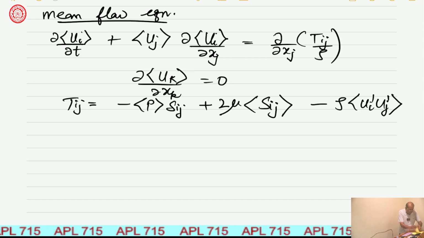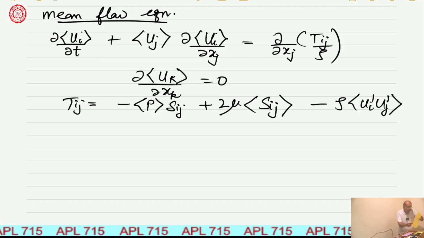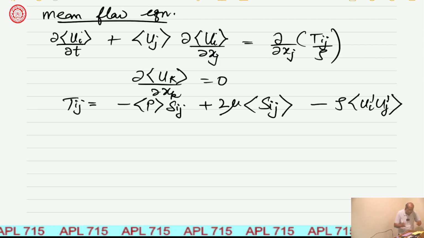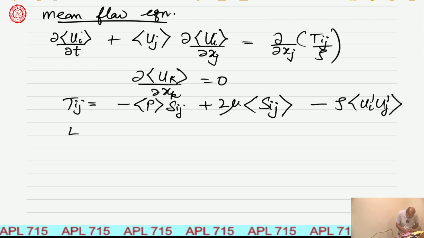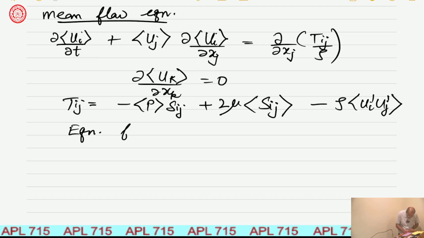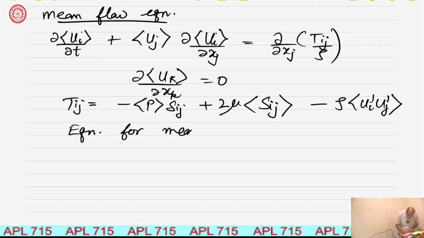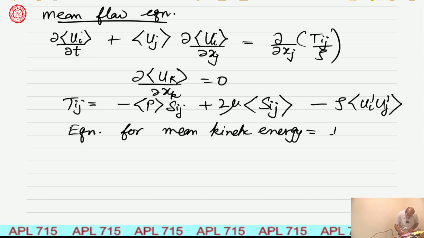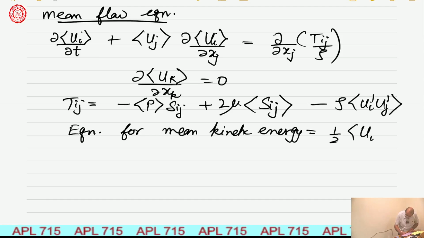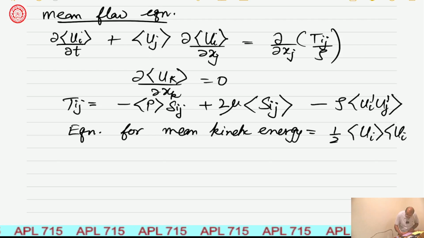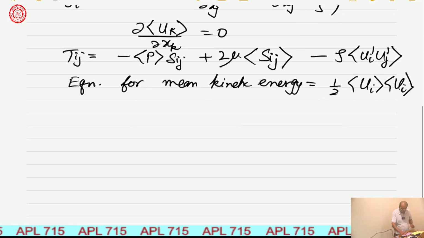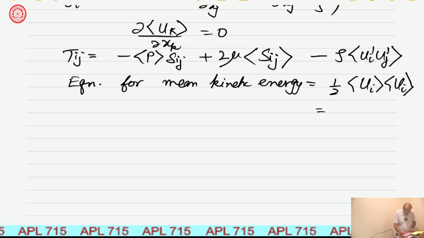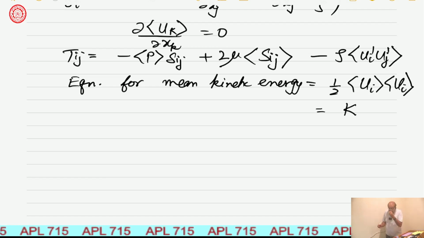This is where we started from, and then we said let's now write the equation for mean kinetic energy, which will be equal to half of ui comma ui, and this we said we will call k.